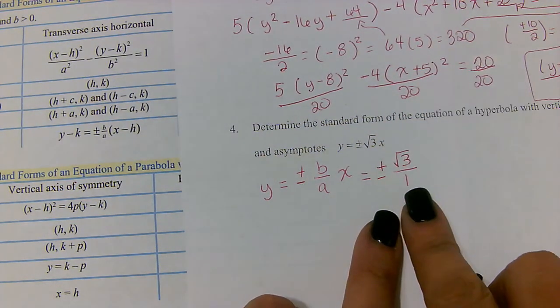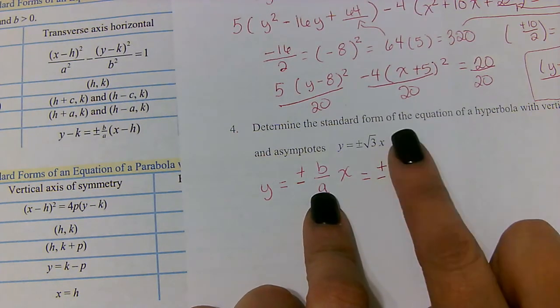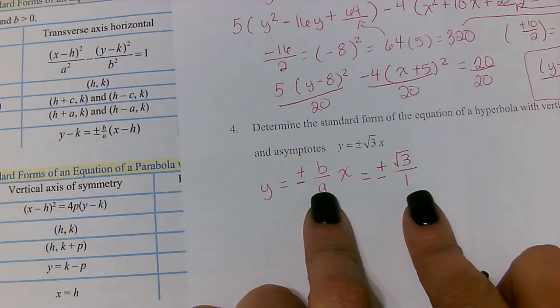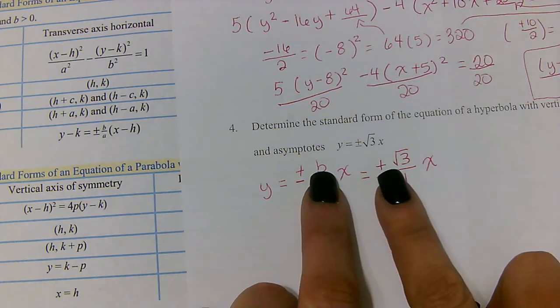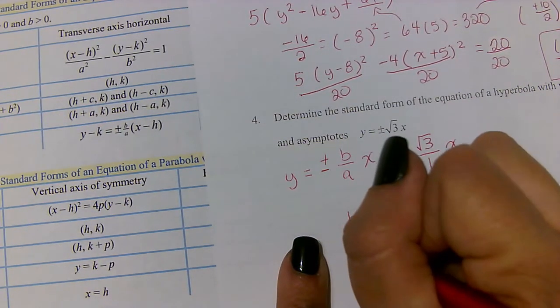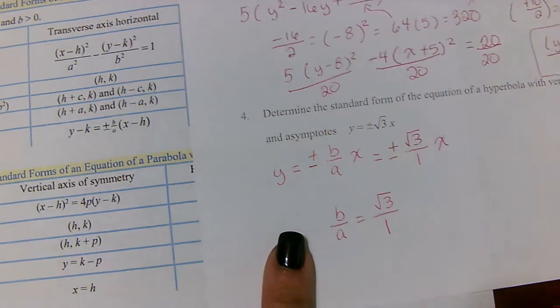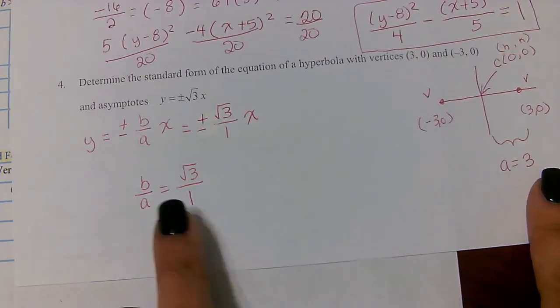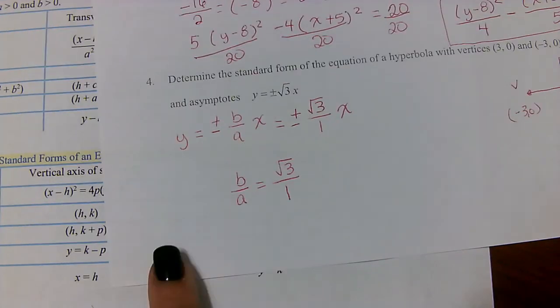The reason I did it over 1 is because I can see that this is in fraction form, so I want to make this in fraction form also. So b over a is equal to the square root of 3 over 1. Since I know that a is equal to 3, I can substitute a equals 3 here.